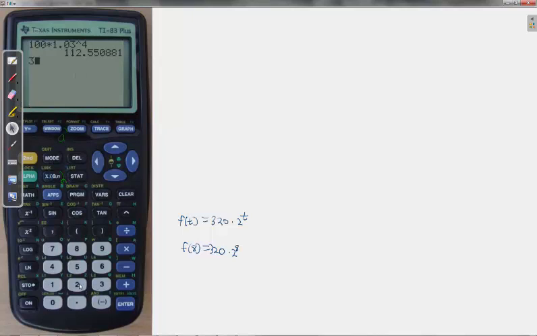So, 320 times 2 to the 8th is 81,920 mice. And just think about how fast that would go if it kept doubling and doubling. That's why pests can be a very large problem, because living things tend to multiply exponentially if there are sufficient resources for them.